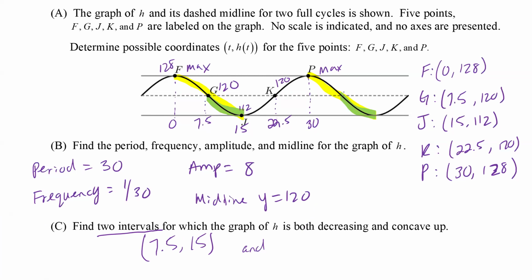Each one of our quarters is increasing by how much? 7.5, right? So this would be 37.5, and this would be 45. So my second interval would be from 37.5 to 45.